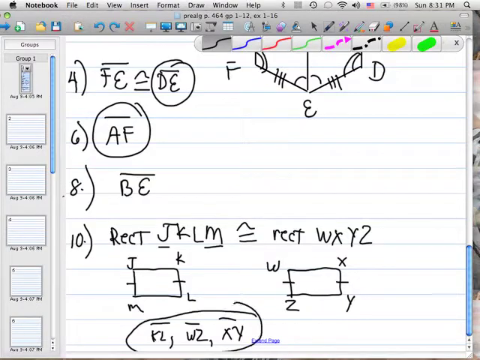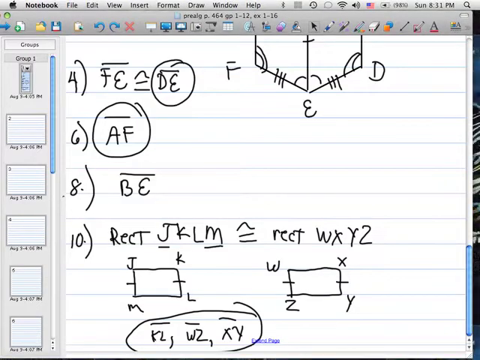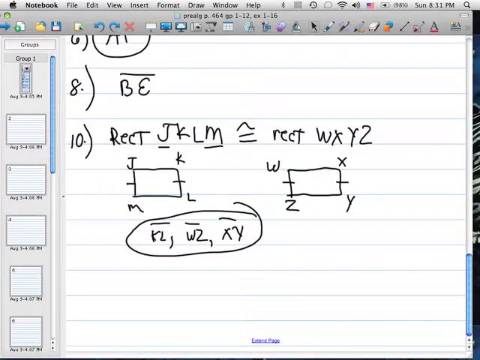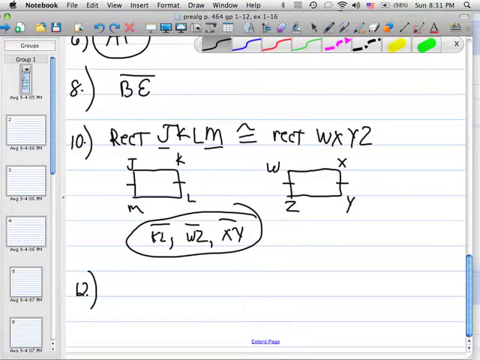And then in the last section here, you're to tell whether each statement is true or false. If the statement is false, give a counter example to show why it is false. So we'll do that. Number 12, two squares are congruent if they have the same perimeter. And that's true.